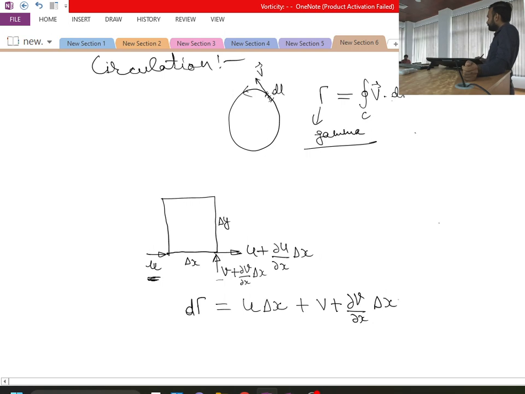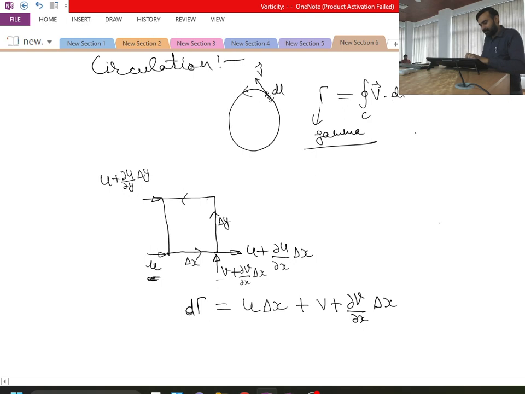Is this point clear? Then here what will be velocity u? Here velocity u will be u plus del u by del y into delta y at this face. So this is the tangential velocity to this face, but this tangential velocity and this length vector have opposite directions, because I am taking this path, this way I am moving.